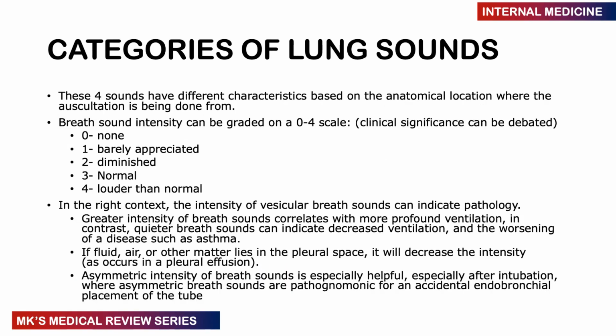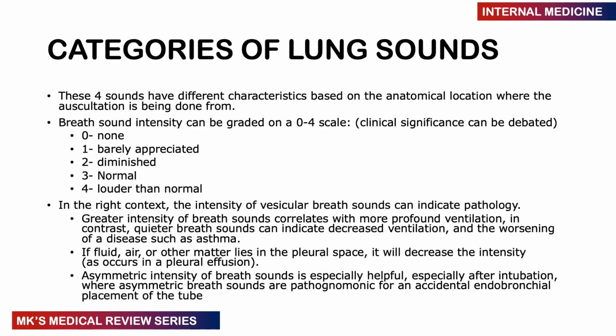Before we actually get into these different sounds, you can differentiate them based on where you're actually auscultating them. For example, the bronchial breath sounds, you can hear them at the right apex of the lung. But if you hear bronchial breath sounds at the base of the lungs, it means they are pathological. So these lung sounds, when they are heard in places where they're not supposed to be heard, that's one thing that's going to give you a hint that this is abnormal.